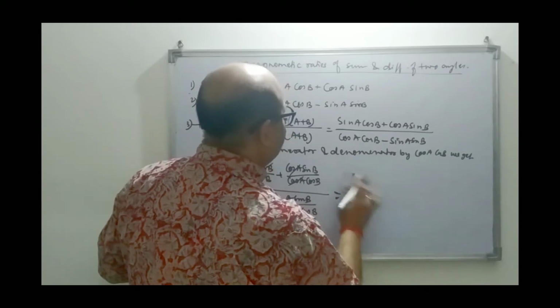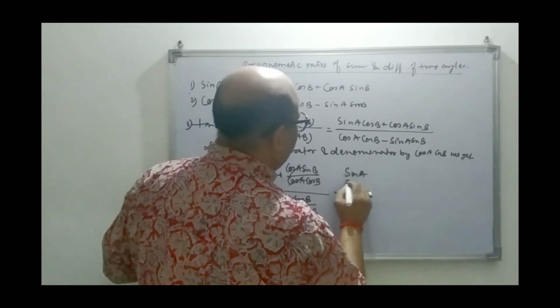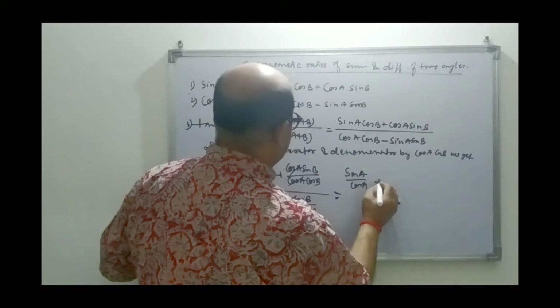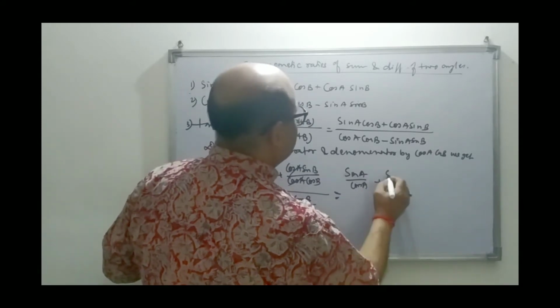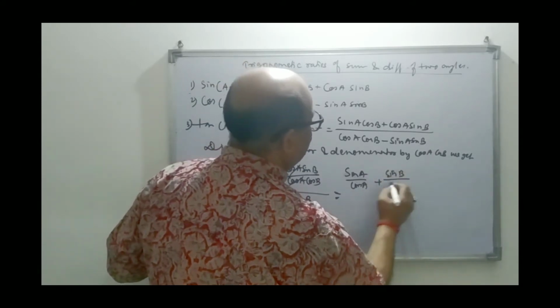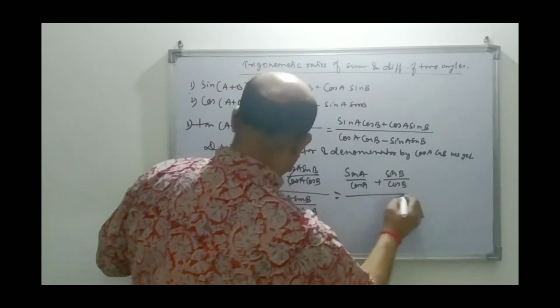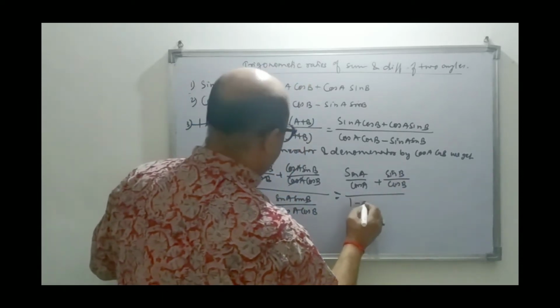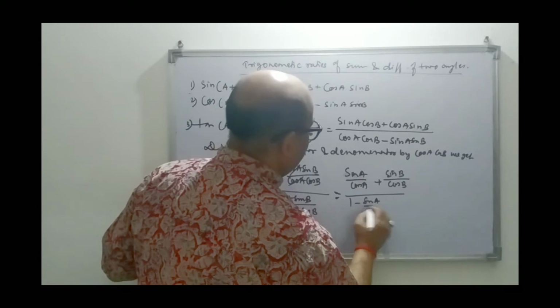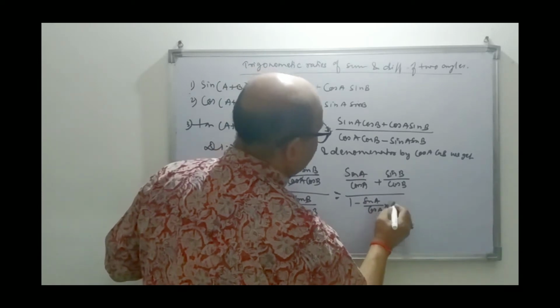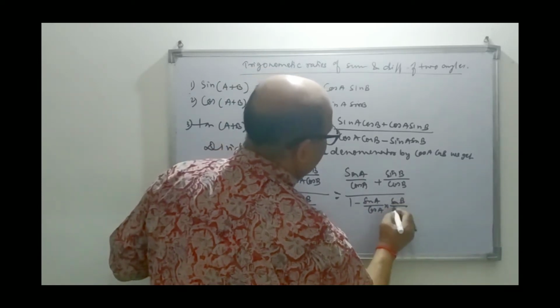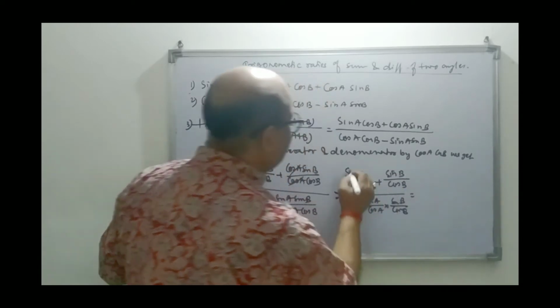First you write sin A by cos A plus sin B upon cos B. In the denominator, what is left is 1 minus sin A by cos A into sin B by cos B. What do I get here?